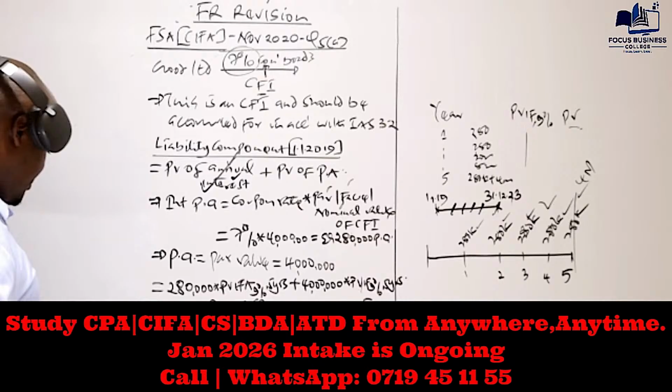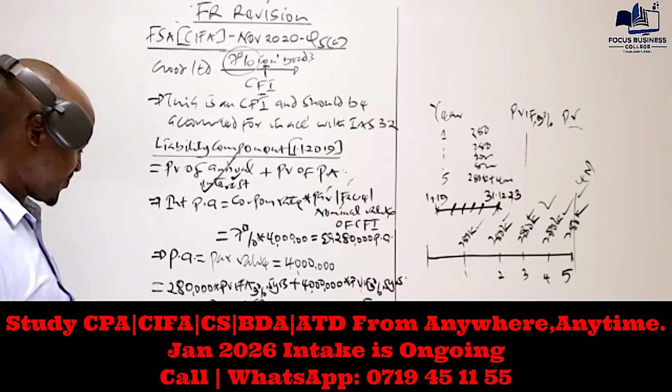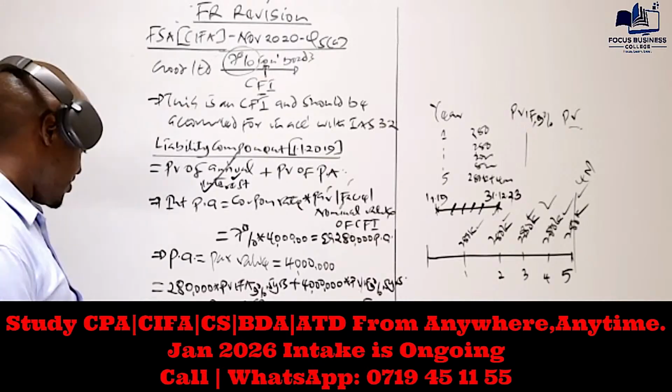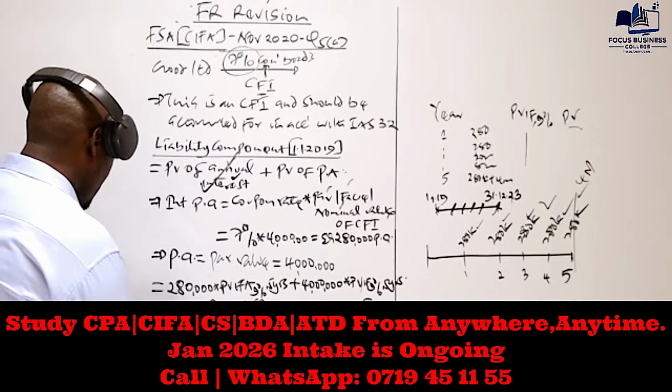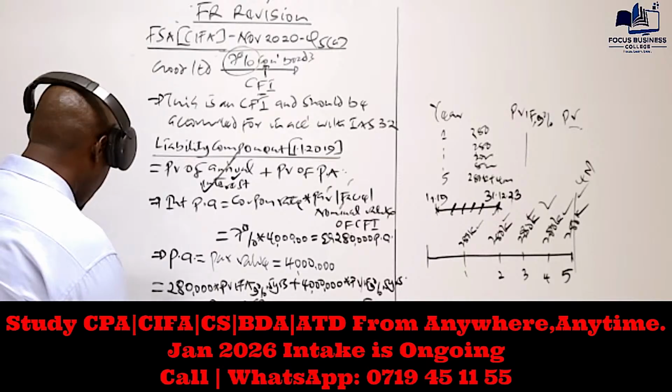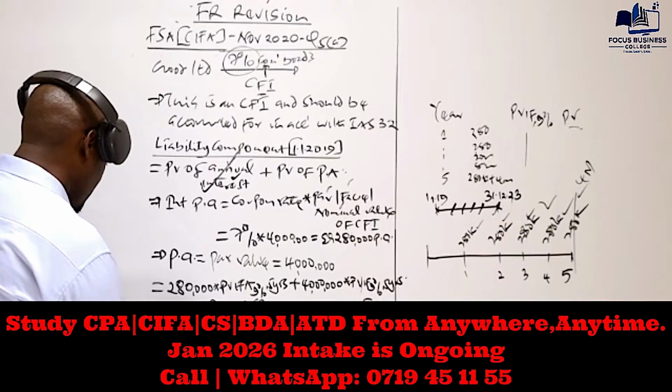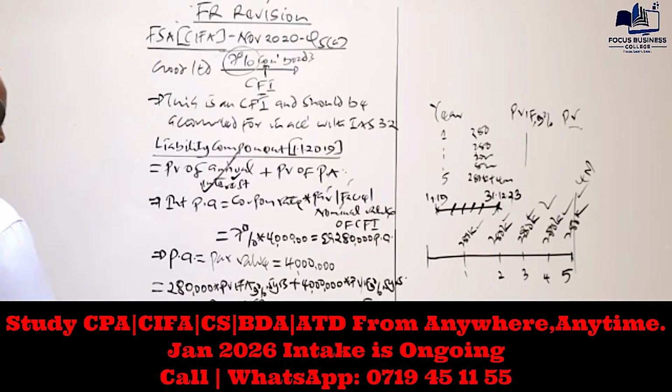That will give us 3.89. We multiply that directly with 28,000, and this will give us 1,089,102. That is basically what I'm getting here.